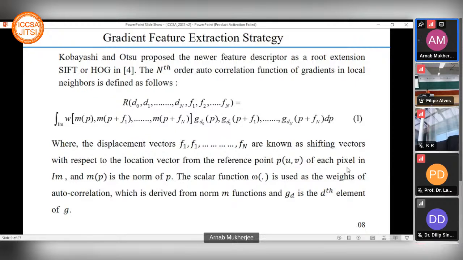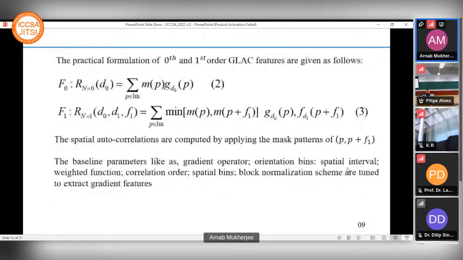Here, the displacement vectors are known as shifting vectors with respect to the localization vector from the reference point of each pixel in the picture, and m of p is the norm or magnitude of the pixel. The scalar function omega is used as the weight of correlation, which is derived from the norm function.